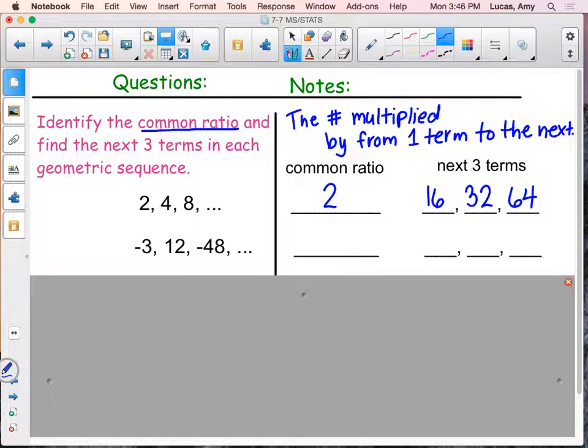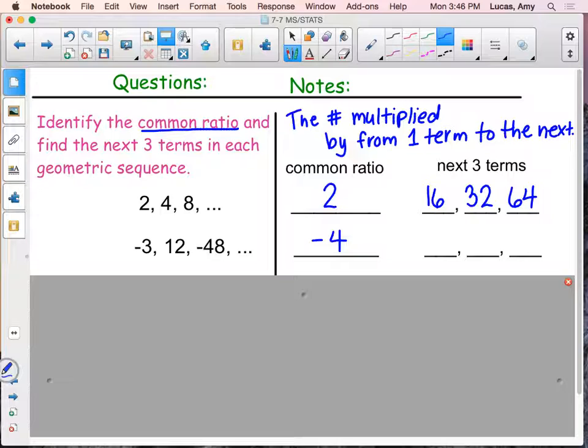Our next sequence, going from negative 3 to 12 to negative 48, our common ratio, what is multiplied by each time, will be negative 4. Because negative 3 times negative 4 is 12, and 12 times negative 4 is negative 48.